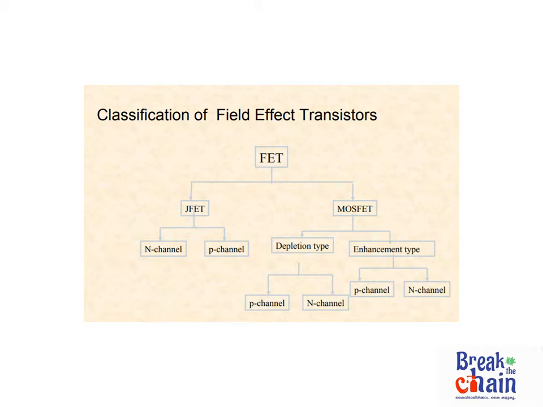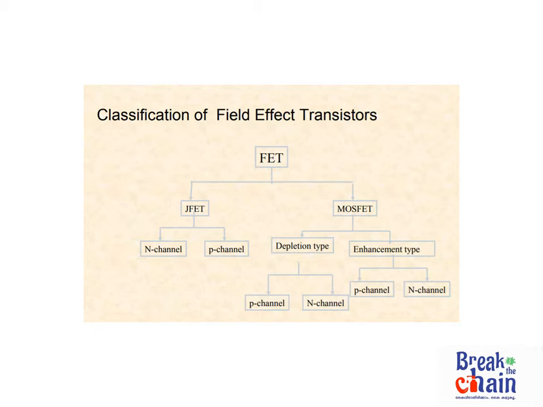Now there is a classification of field effect transistors, and basically they are classified into two: junction field effect transistors or JFET, and MOSFET, metal oxide semiconductor FET. So this is the major classification, and junction field effect transistors can be classified into two: N-channel FET and P-channel FET.